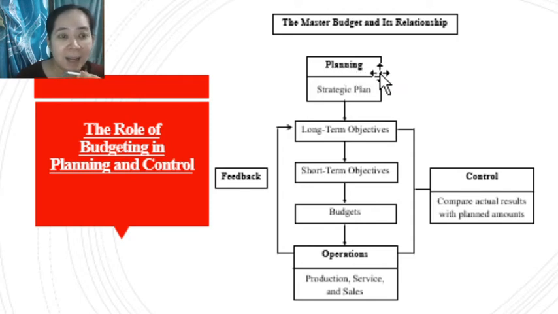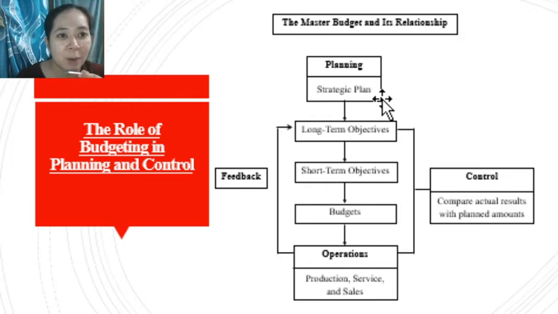In planning, basically the organization will prepare a strategic plan. Strategic planning normally is for long-term planning. It may range from 5 to 10 years or more. So this is the organization's objectives in the long run.